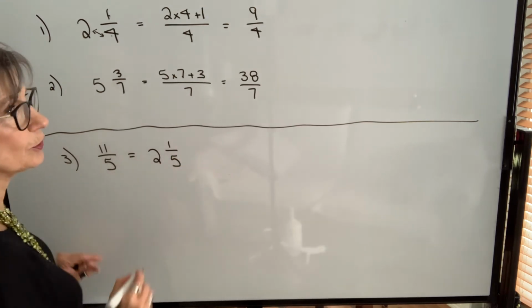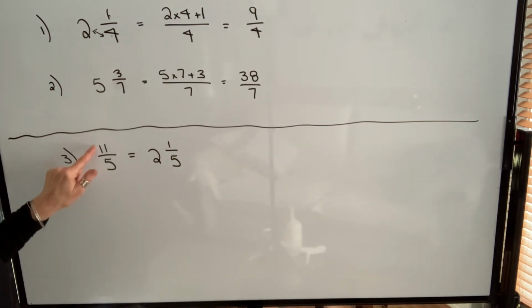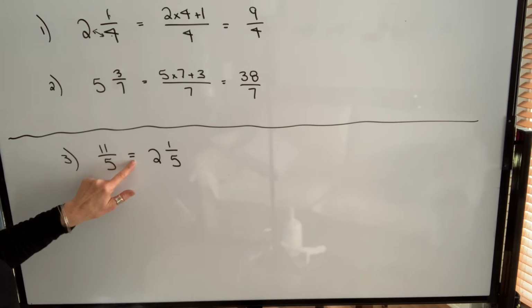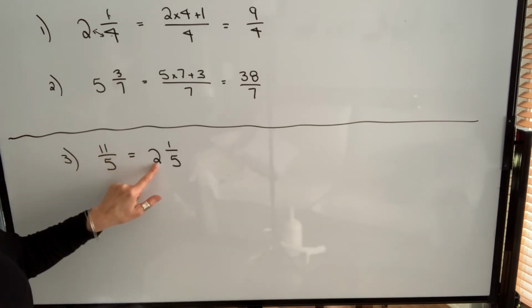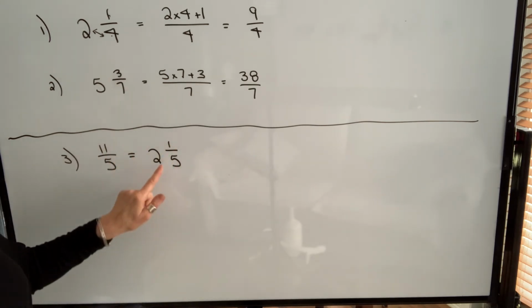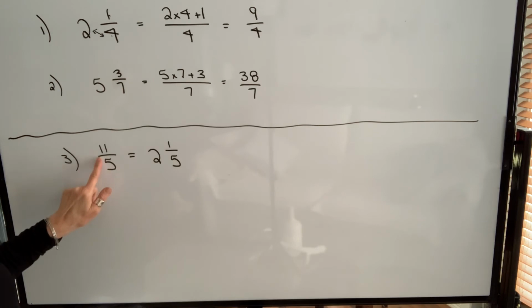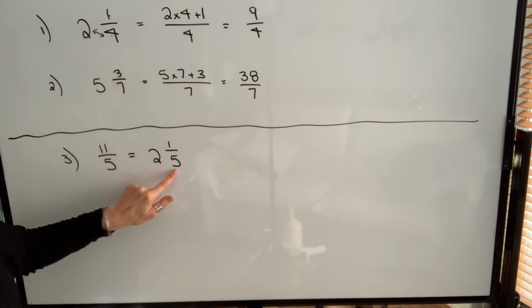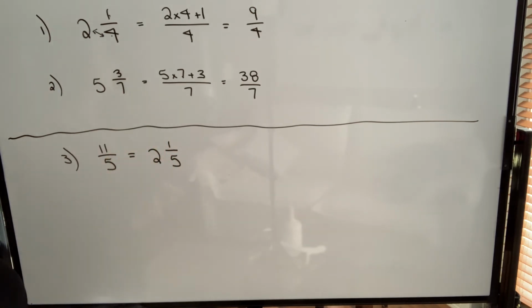So that remainder goes over your denominator. So 11/5 will be equal to 5 goes into 11, 2, and 2 times 5 is 10, so there's 1 left over, a remainder of 1, and you put that in your numerator. We can check, does this equal 11/5? 2 times 5 is 10 plus 1 is 11/5.